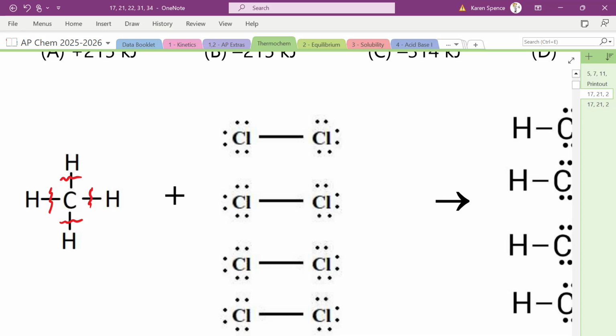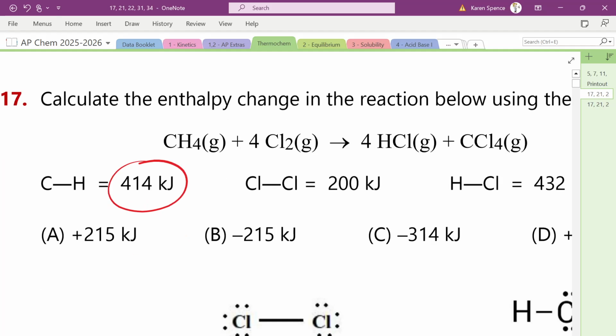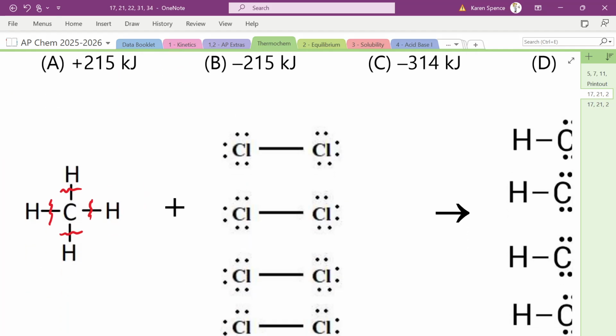And the question tells us that each CH bond is 414 kilojoules. So we are breaking 4 times 414 kilojoules. Now, when we break, is that endothermic or exothermic?